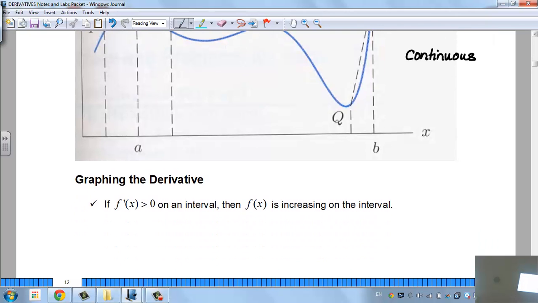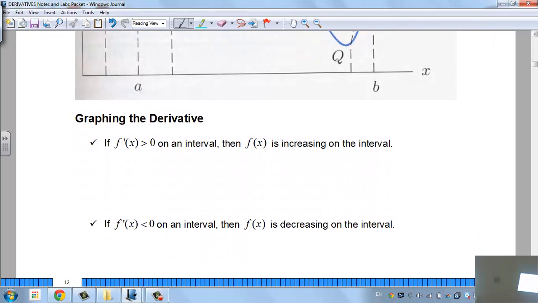Now, graphing the derivative, and I'm going to show another video with this, but I want to get you started here. If f prime of x is greater than 0, so basically I'm saying if my slopes are all positive, which means it goes in this direction, that tells you that your original function is increasing.